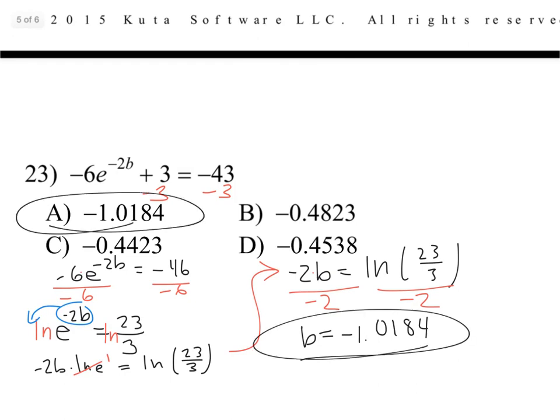And just like always, remember to plug it in just to make sure that that is not an extraneous solution and that it does make the equation true. Really, those tend to pop up when we have quadratics, but it's a good idea to get in the habit of doing that.